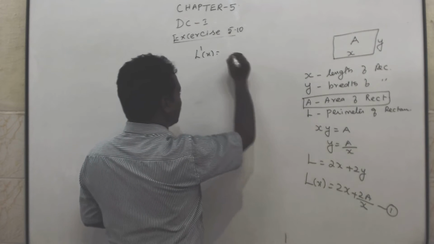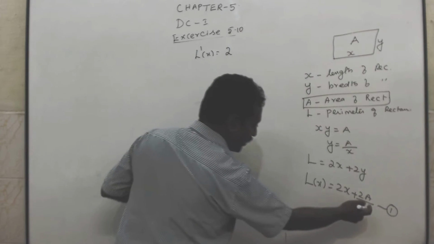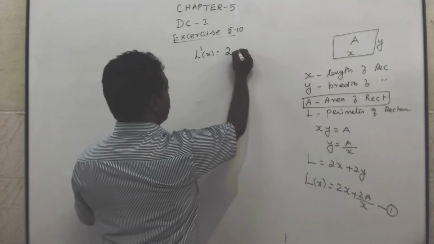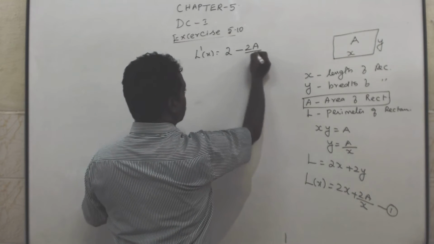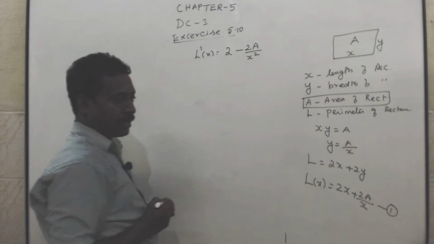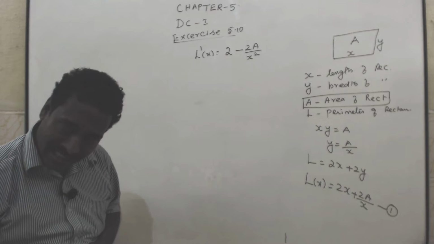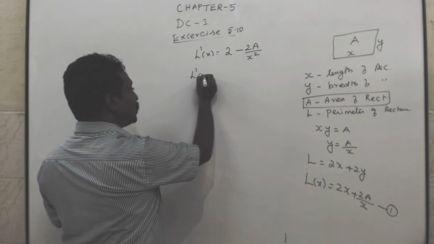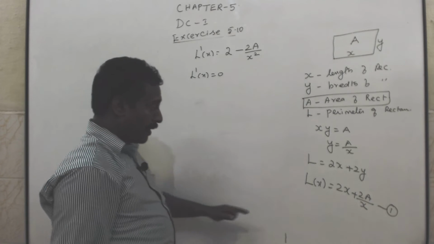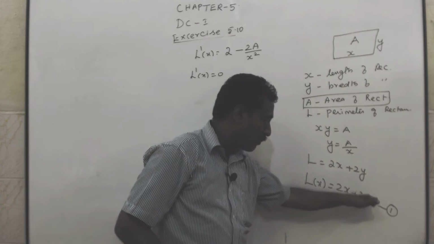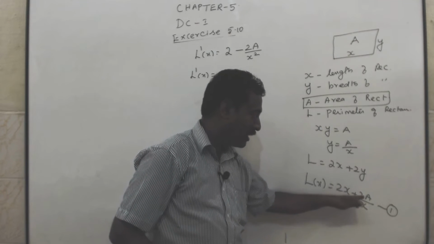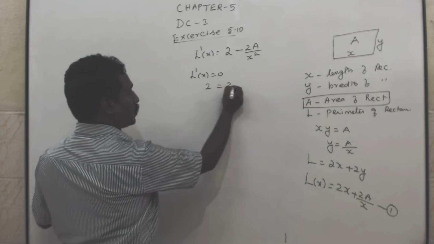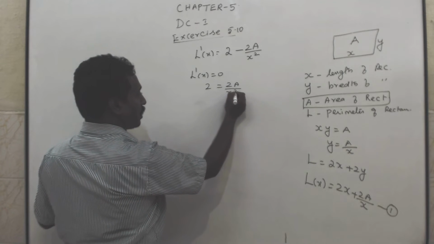Differentiation of 2x is 2. Already I told you, x with power 1 goes to the numerator with minus 1, that is minus 2a by x square. What is the next step? L dash of x equal to 0. So 2 equal to 2a by x square.